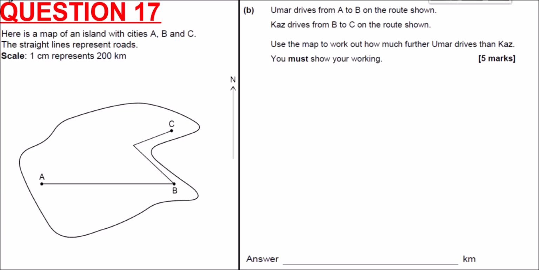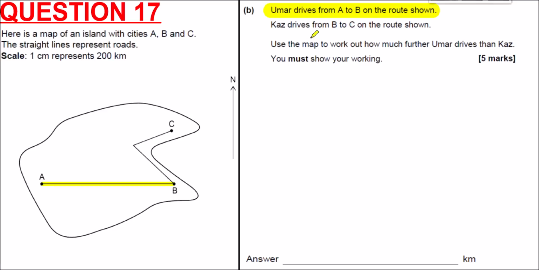Now for part B, we've got that two different people are driving along different routes. So Umar drives from A to B on the route shown. First of all, I'm just going to highlight Umar's route. So Umar's going from A to B like this.